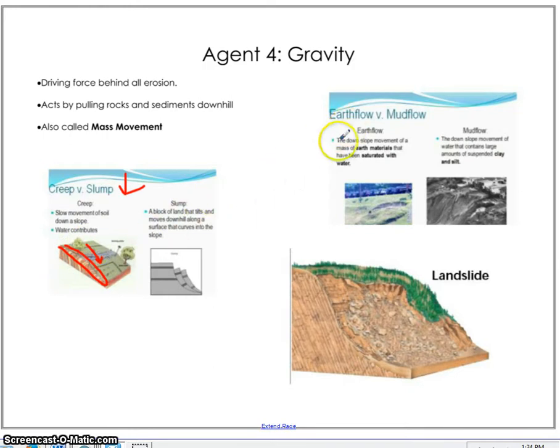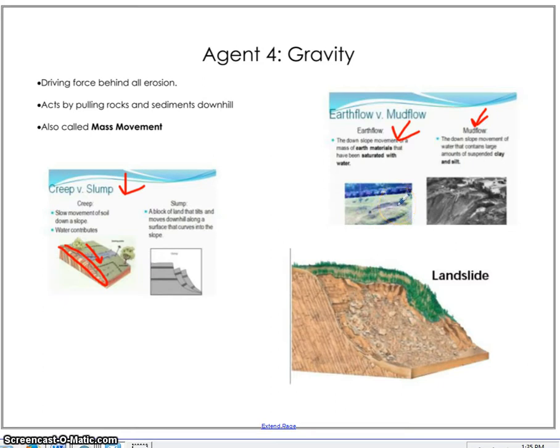And you can also have slump that happens. Here you can see just a small section that breaks off and just slowly moves down. Mud flow, rock slides, landslides, however you want to say, any of those, very rapid movement.